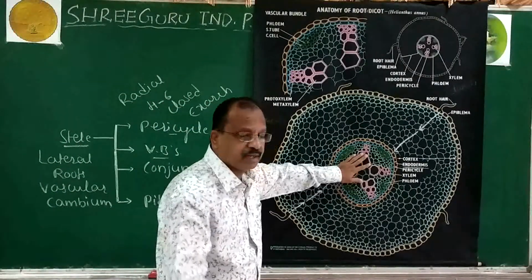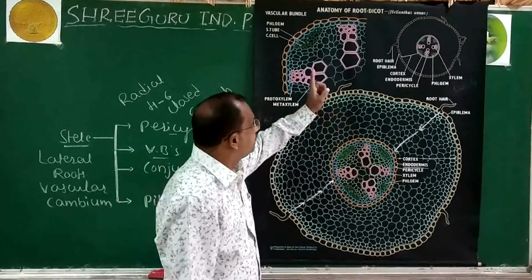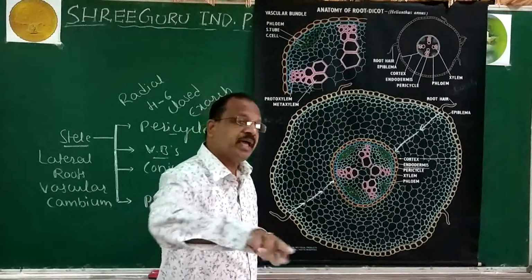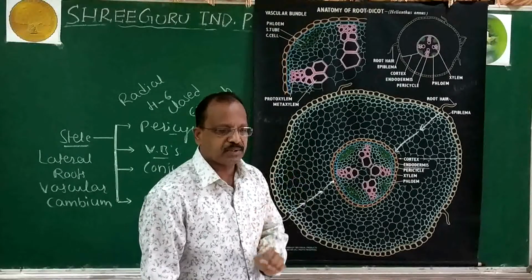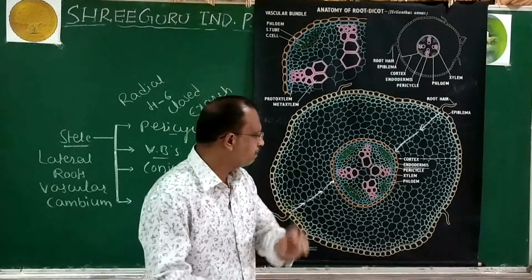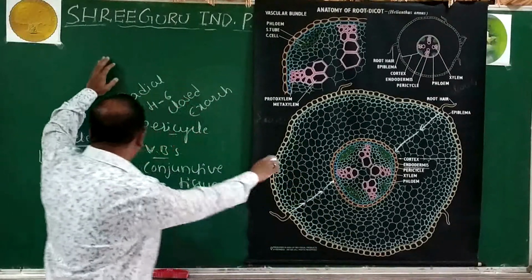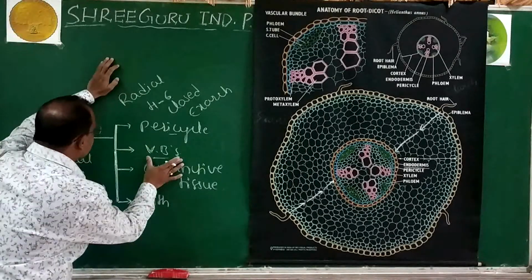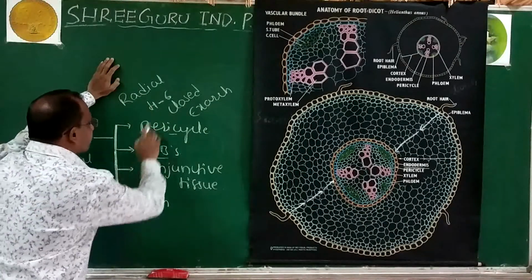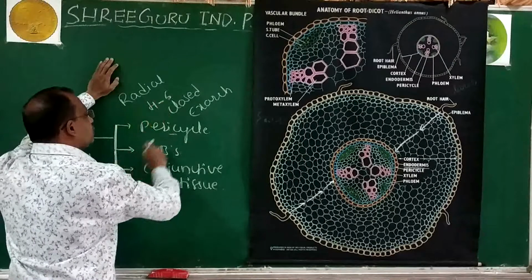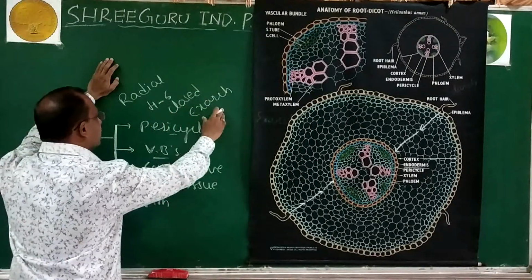Concerned with this figure, it is tetrarch. General root is tetrarch to hexarch. Four xylem patches and phloem patches, I will explain, don't worry. Vascular bundles are radial, tetrarch to hexarch, closed and exarch.